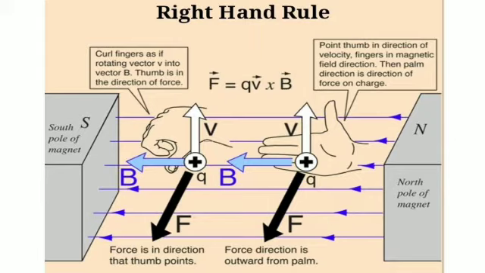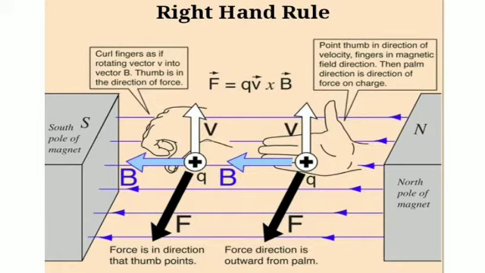Similarly, when we are in a magnetic field, the term q is replaced by the magnetic pole strength, that is m, and the magnetic pole strength is charge into velocity.